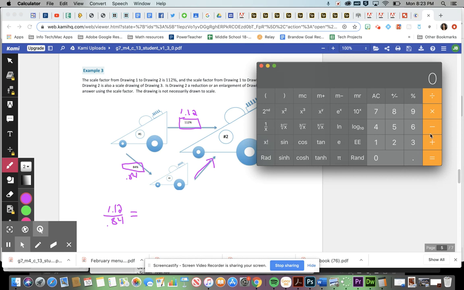Okay, let's try it. 1.12 divided by 0.84 gives us 1.3 repeating.